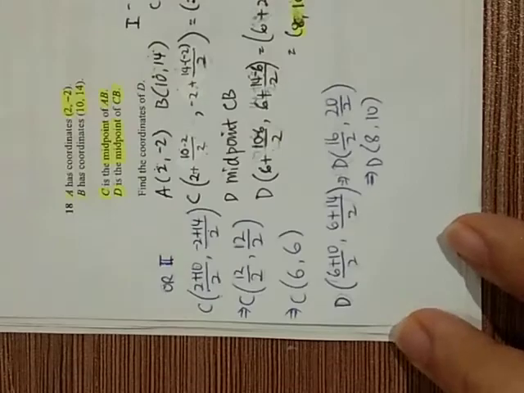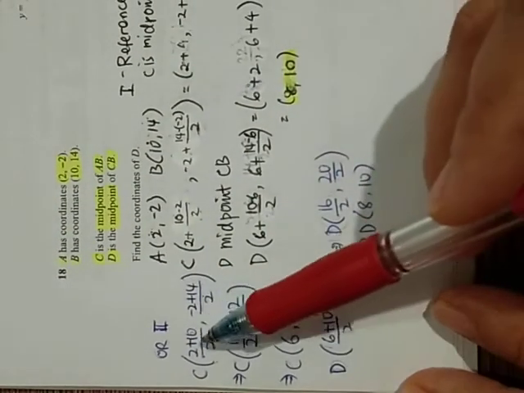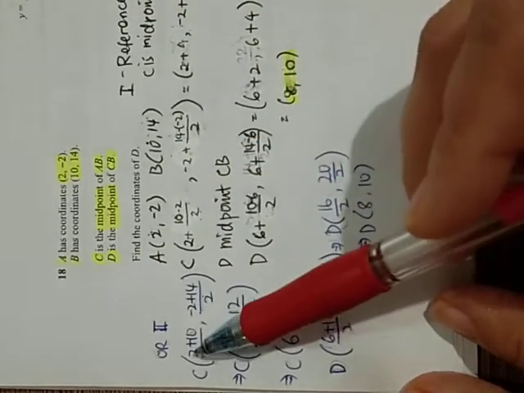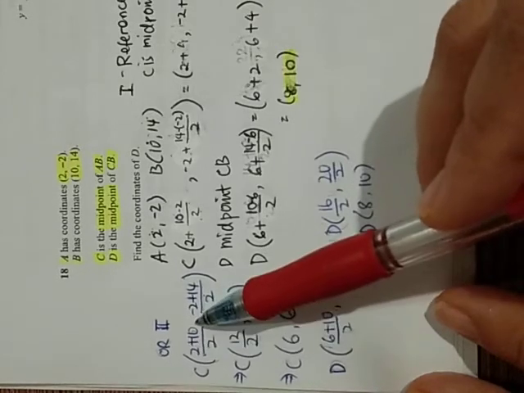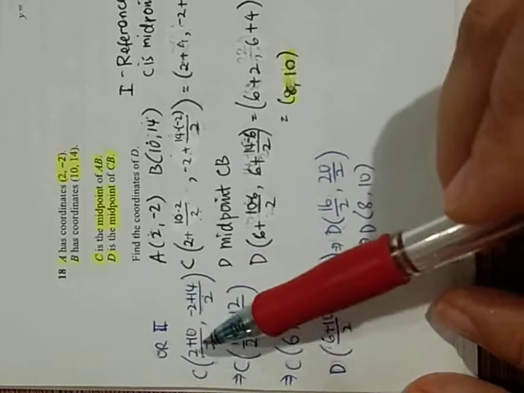Another way, which is simpler, is just to use the second method. Summing up the difference is also finding the midpoint: x1 plus x2, divide by 2. So you just add them together and divide by 2, and we don't need the point of reference anymore.